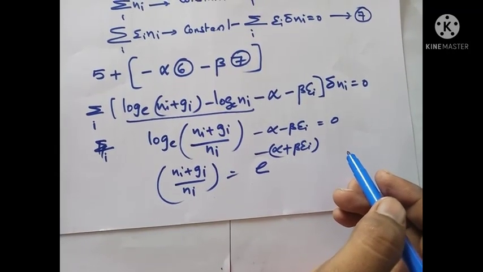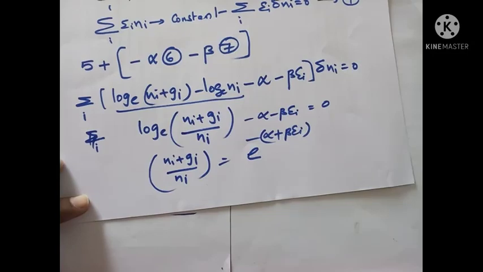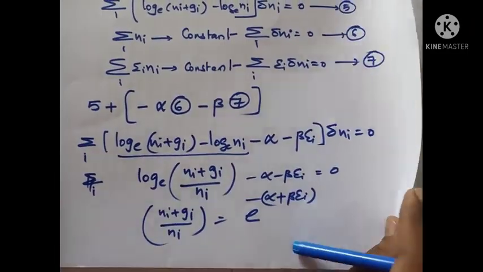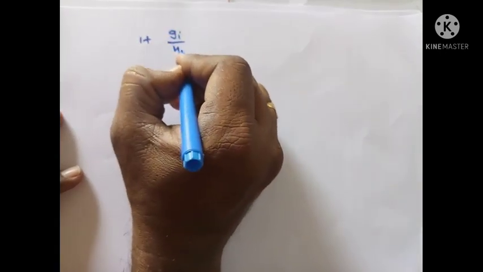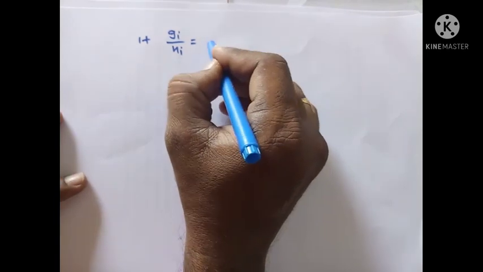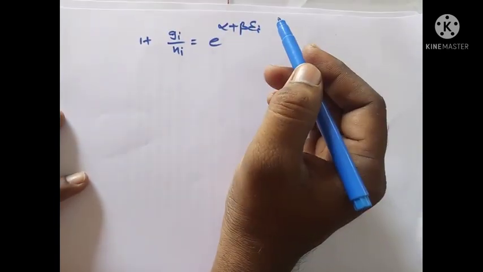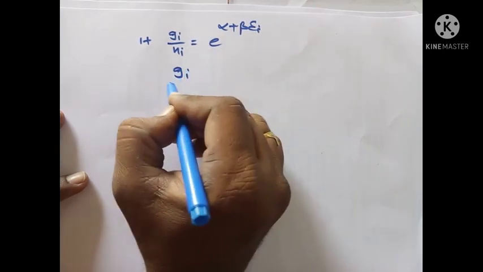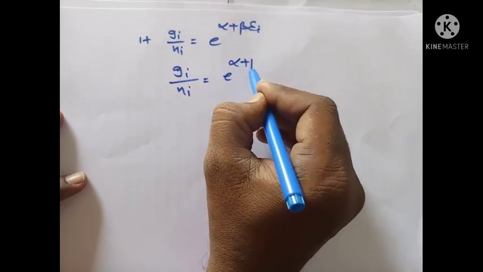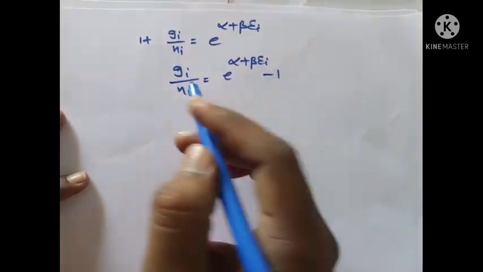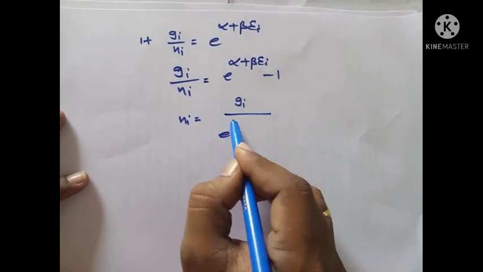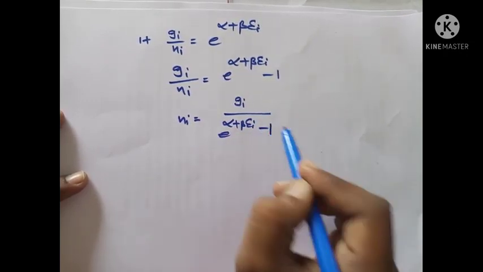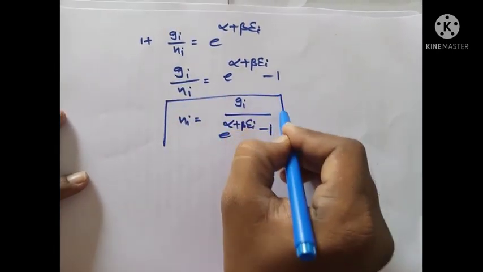Okay, so we'll get an exponential term, and this can also be written as 1 plus gi by ni equal to e to the power of alpha plus beta ei, and gi by ni equal to e to the power of alpha plus beta ei minus 1, and finally ni equal to gi by e to the power of alpha plus beta ei minus 1. All right, so this is our required equation.